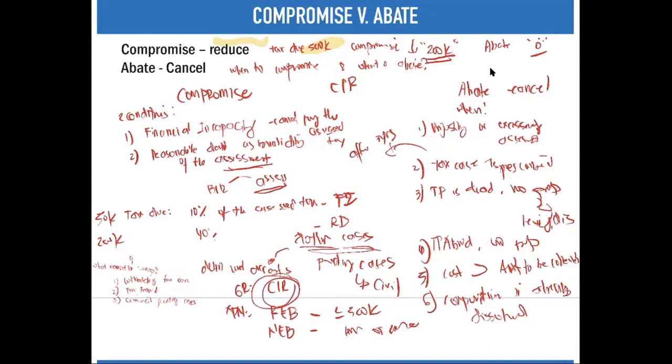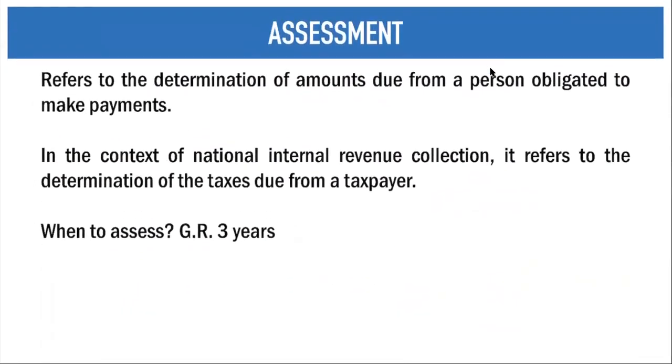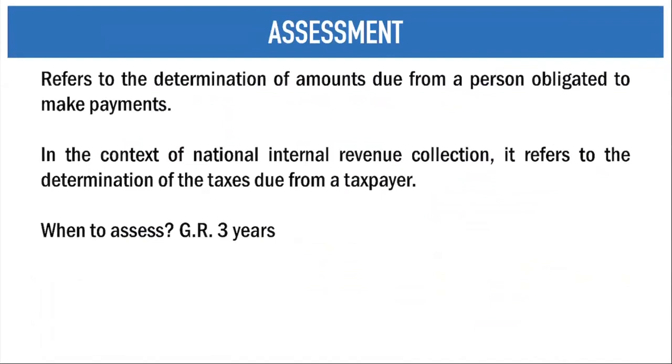Again, the last authority or power of the CIR is to compromise or abate or refund or credit tax due. We go now to your assessment per se. So we said in your introduction, the topics that we will discuss today is first the functions of the BIR.